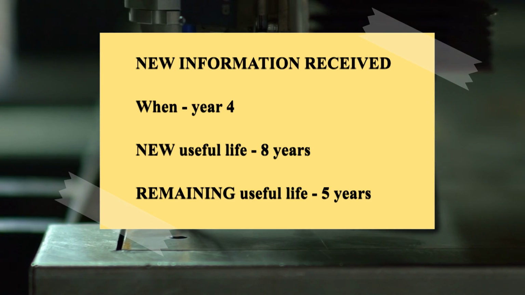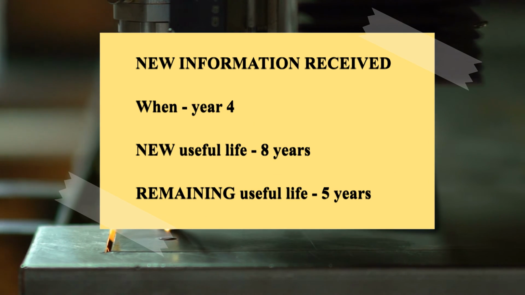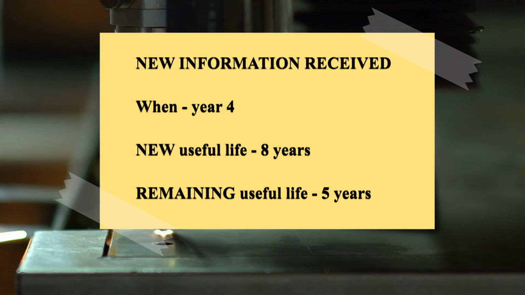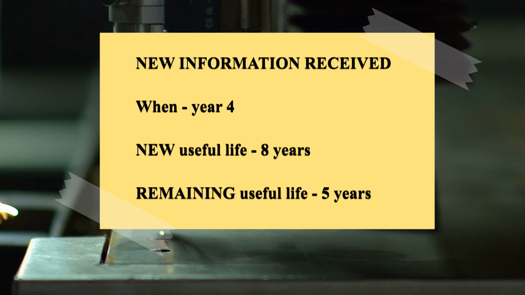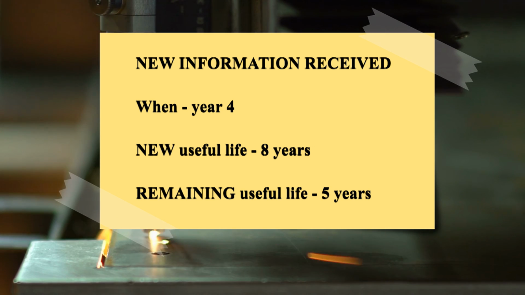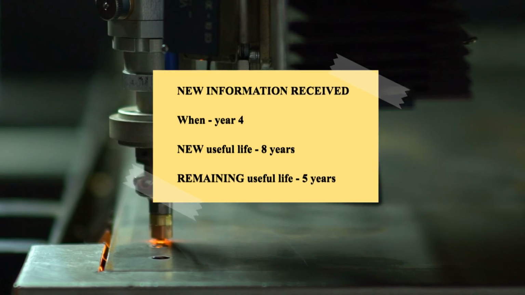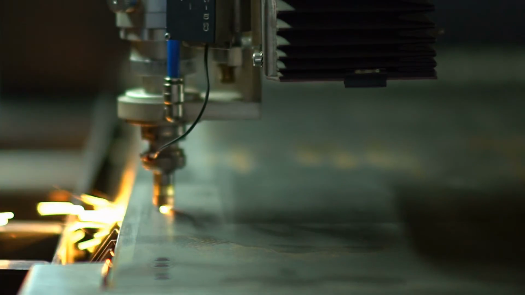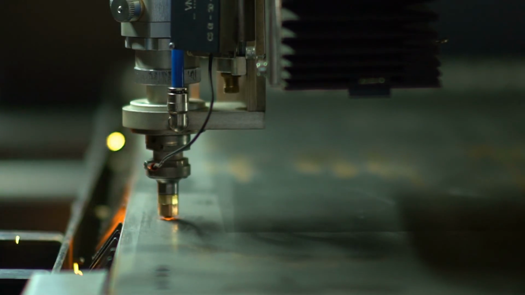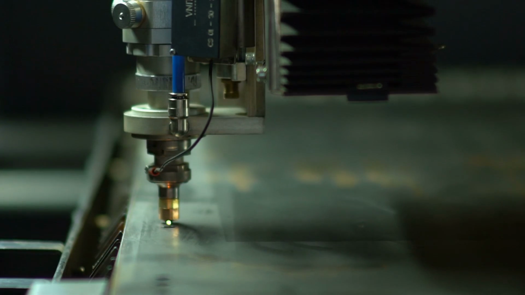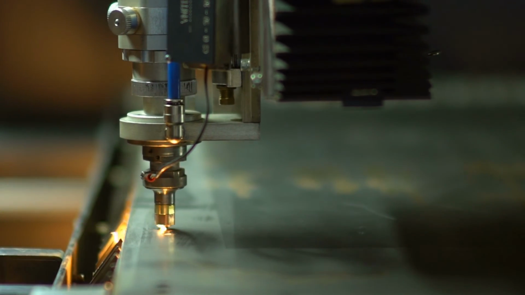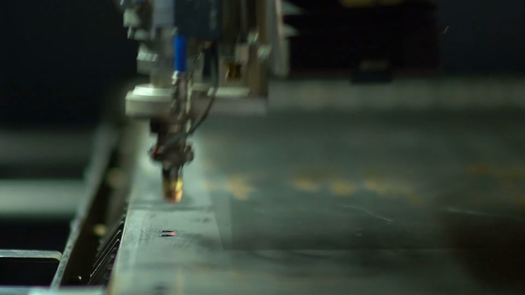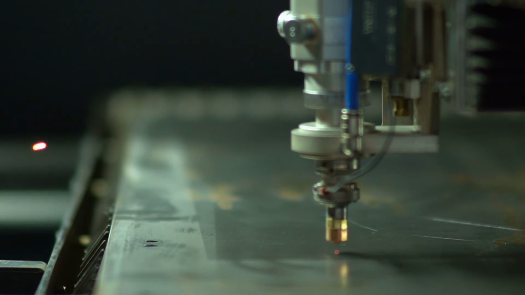During the 4th year, new information is learned about the equipment that caused a revision of the estimate of the equipment's useful life. The equipment is now believed to have a total useful life of 8 years. Depreciation expense for 3 years has already been recorded, so there are 5 years remaining in the equipment's useful life.